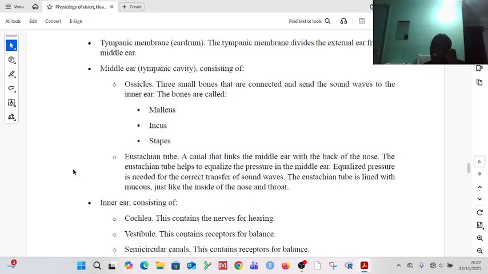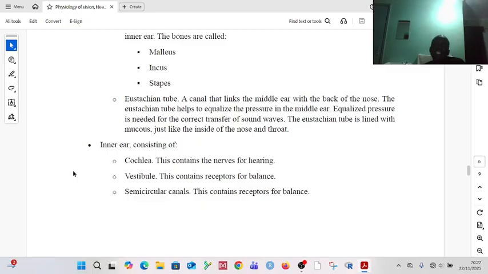And its job is to help equalize pressure. If the pressure inside the ears becomes too high, it can rupture your ear drum. Okay? So it needs to be equalized. And that is the job of the eustachian tube. Then now the inner ear consists of the cochlea.